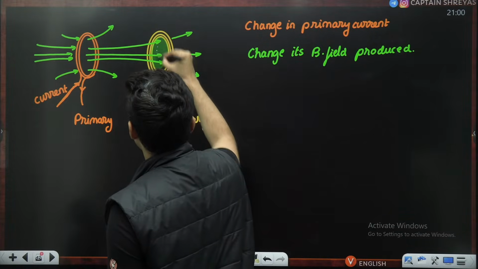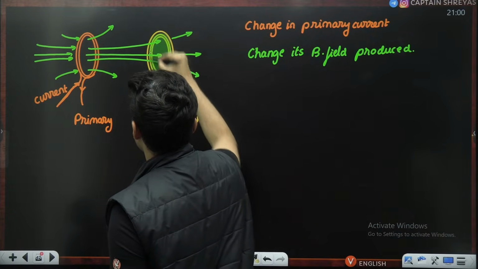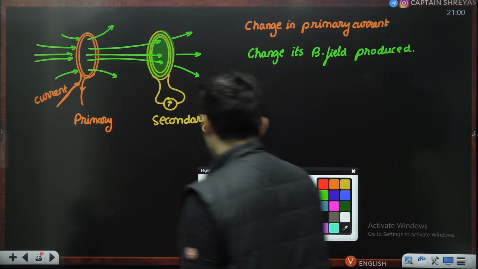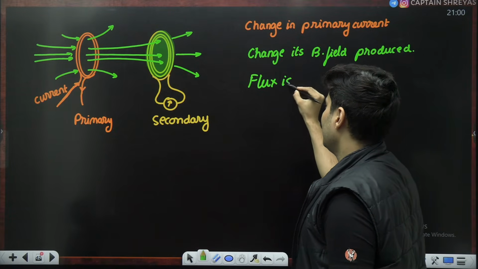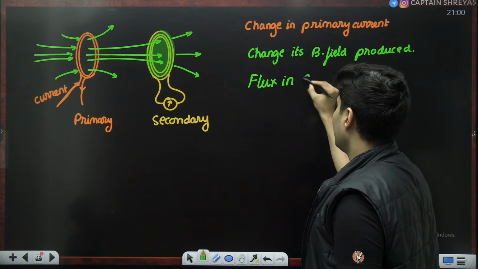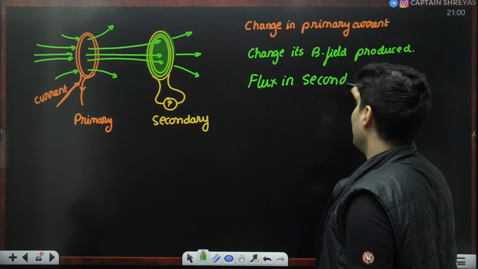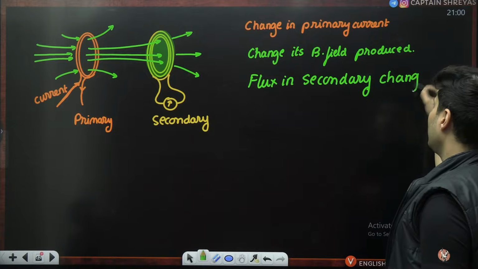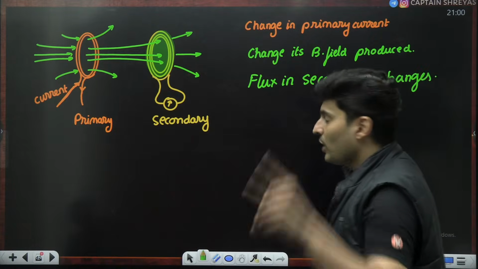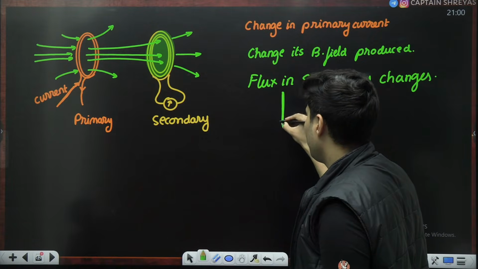The flux which enters into the secondary coil, the flux in the secondary coil will change. Because of that, what will happen?